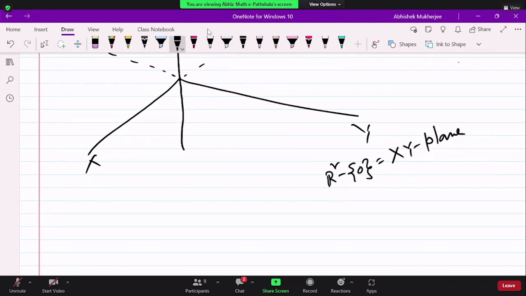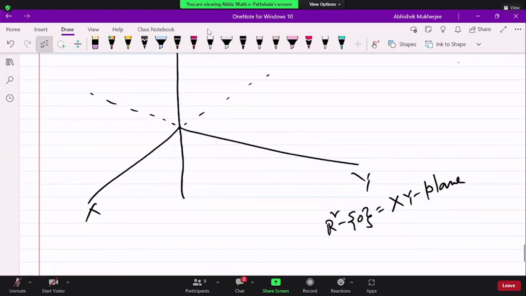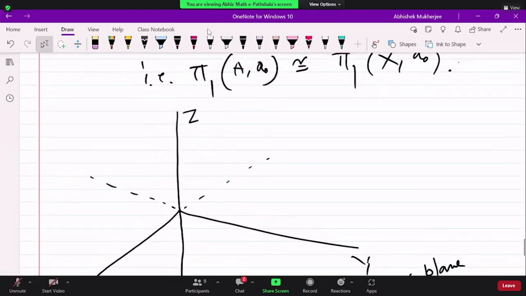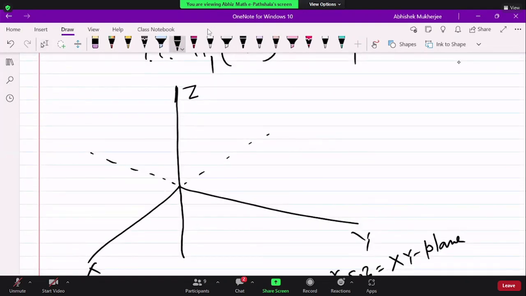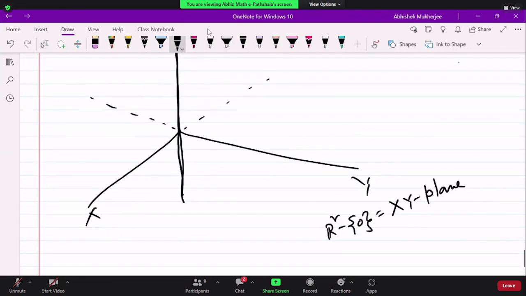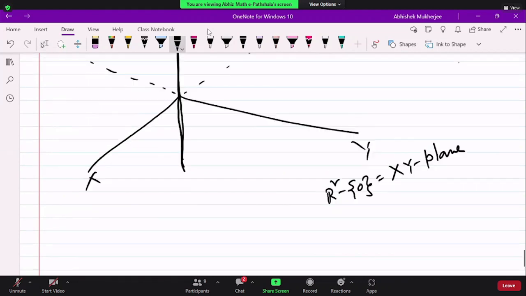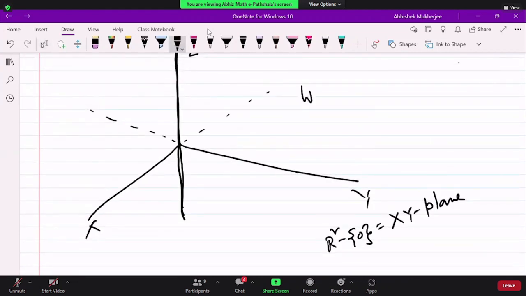Right? Now, if you want to delete the Z axis from R3, so we take R3 minus Z axis. Okay.